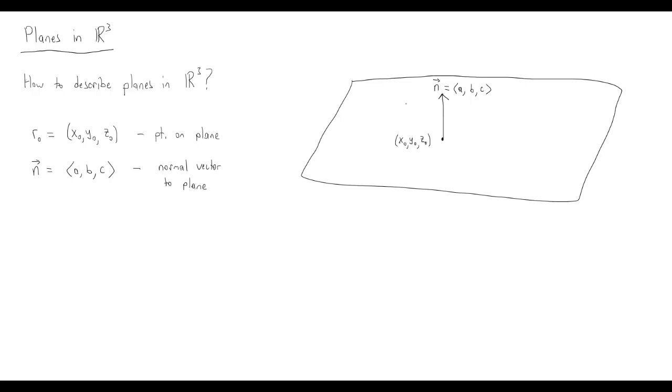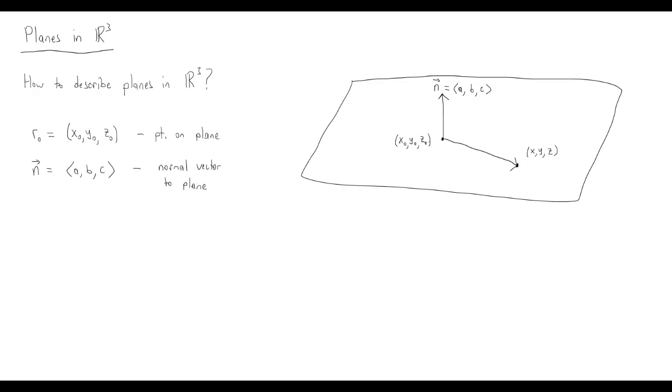So if I take any other point that lies on this plane, let's say I'm going to take a point out here, with some coordinates x, y, z, we can form the direction vector connecting our 2 points.